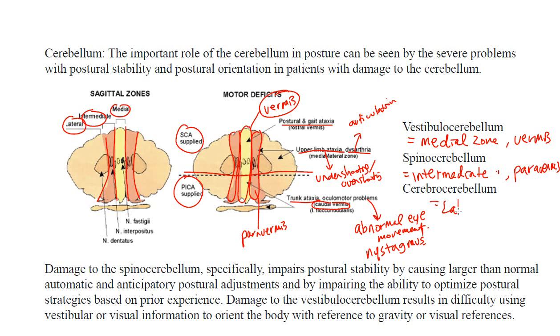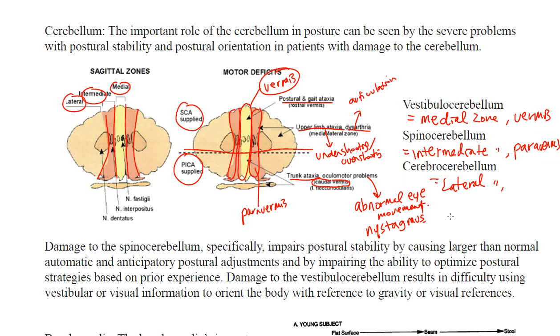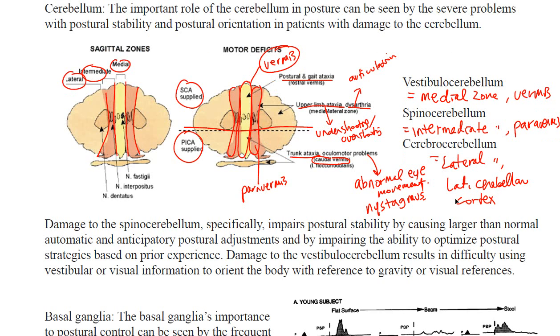Cerebrocerebellum is the lateral zone, involving the lateral cerebellar cortex. This cerebrocerebellum area is particularly related to motor planning, and well-learned, skilled movement.